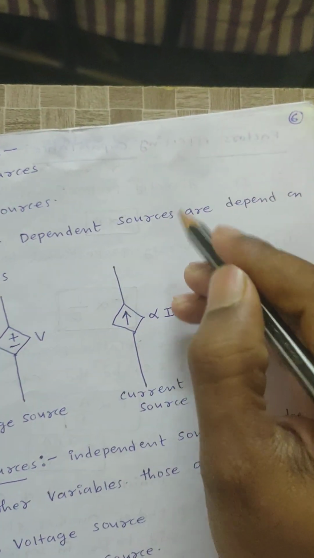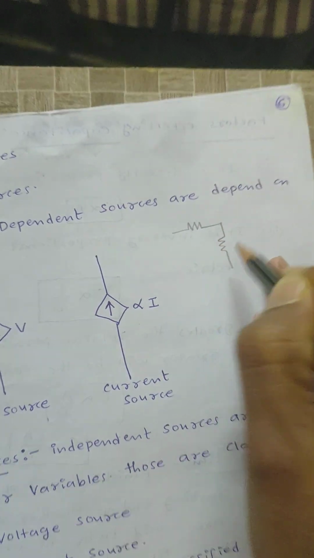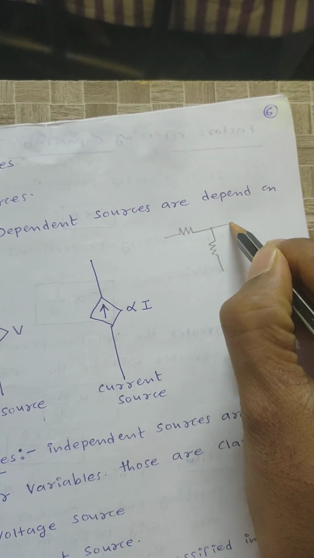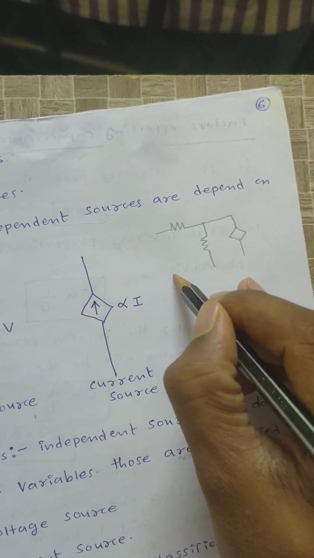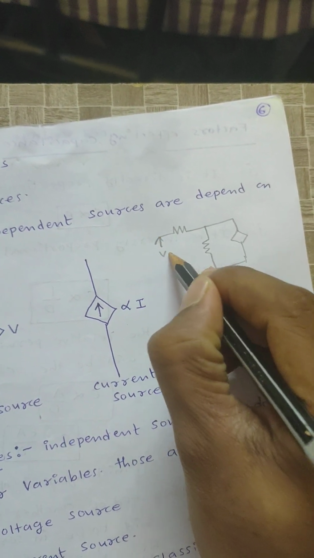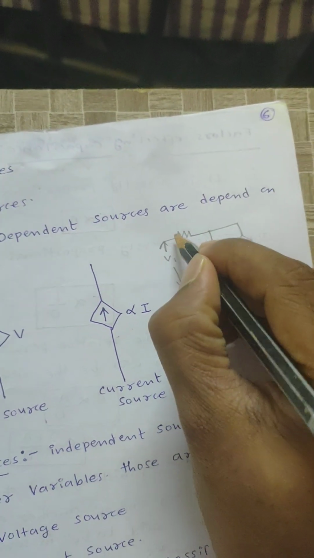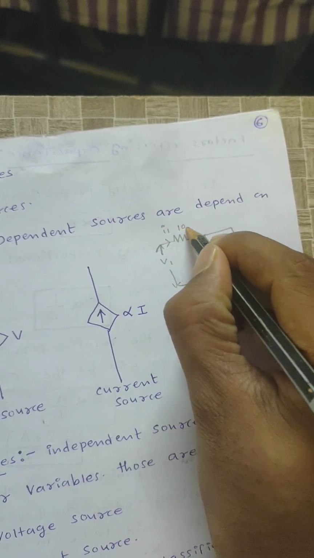To understand this concept, let us draw the circuit diagram. Here V1 is the supply voltage. Because of the supply voltage, I1 is the current flowing through this circuit.